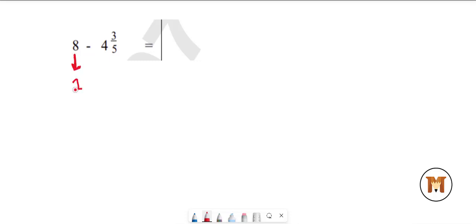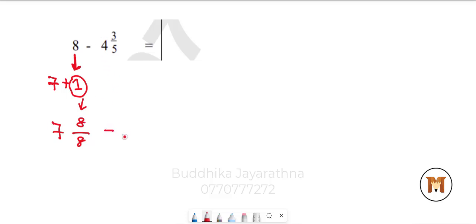I took 1 out, so the balance is 7. So 7 is there now. This particular 1 I can write as a fraction, 8 over 8. So you have a 7 over here now, and then again I need to minus 4 3 over 5, right?